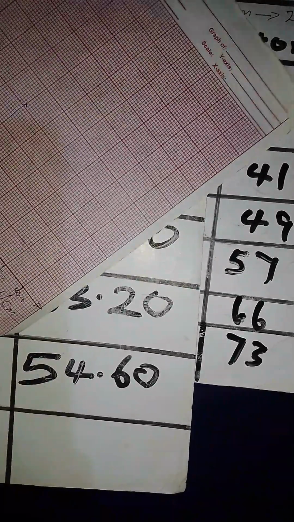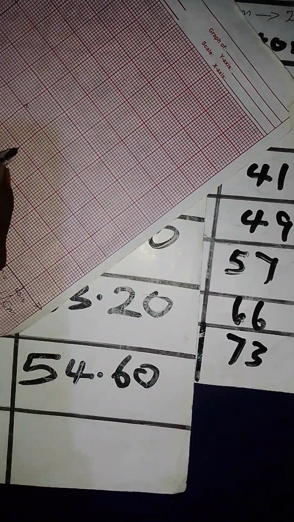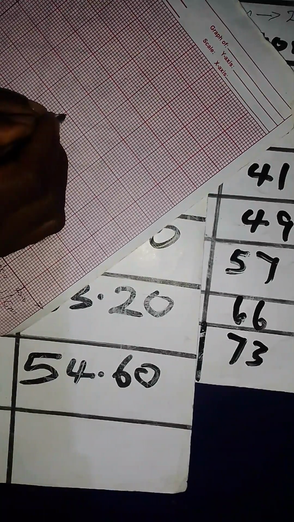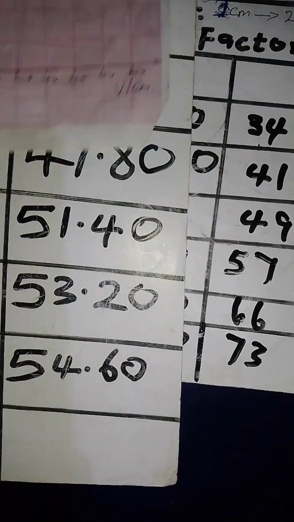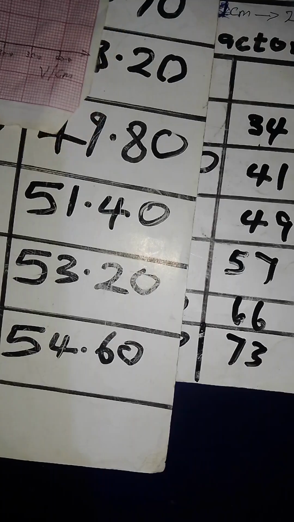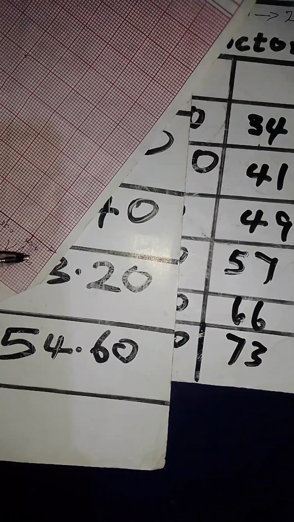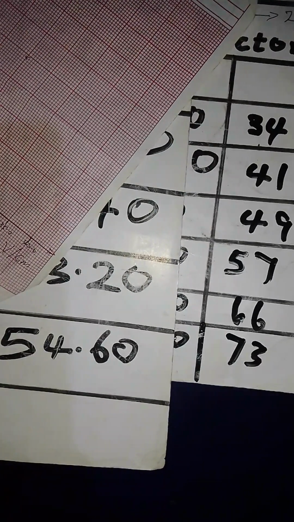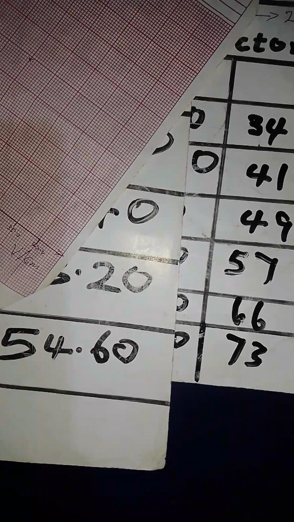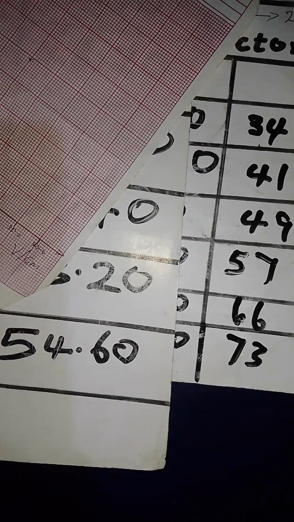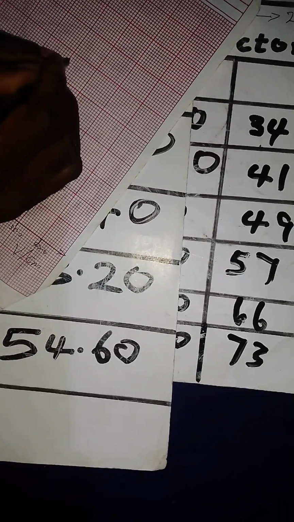Then for 20 it is 49: 10, 20, 30, 40, 49 is here. For 25 it is 57: 10, 20, 30, 40, 50, 57 is here.